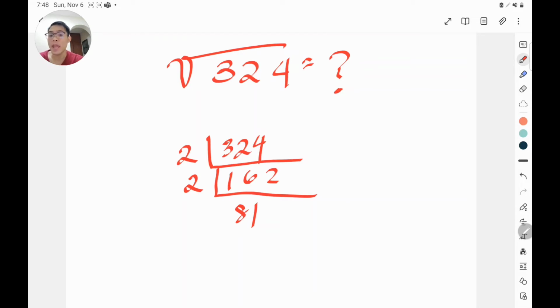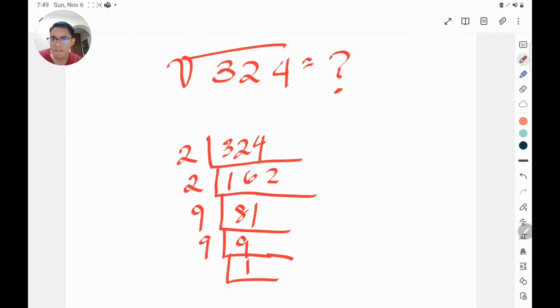And we both know that 81 is a composite number. It is not a prime number, so it can still be divided. We can actually divide it by the perfect square, which is 9, right? And then 81 divided by 9 is equal to 9, correct? And 9 divided by 9 again is equal to 1. Now why didn't we use 3 instead?